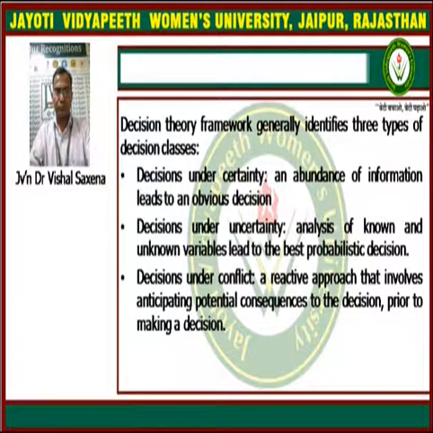Therefore in this class of decision theory, the analysis of known and unknown variables leads to the best probabilistic decision. So it will work under the probabilistic decision concept, and the uncertainty will always be there.